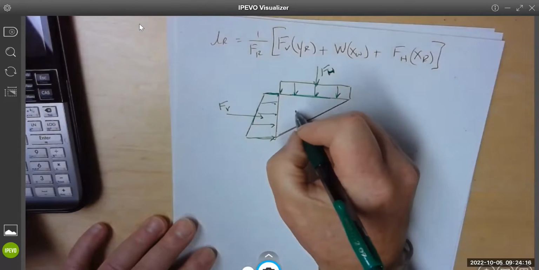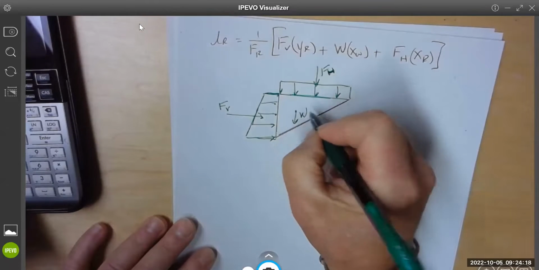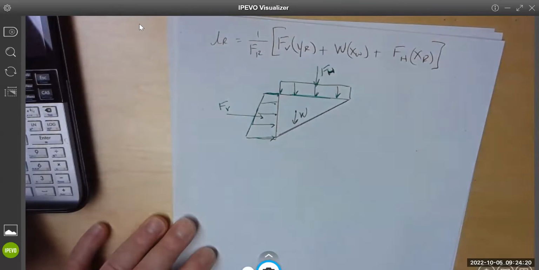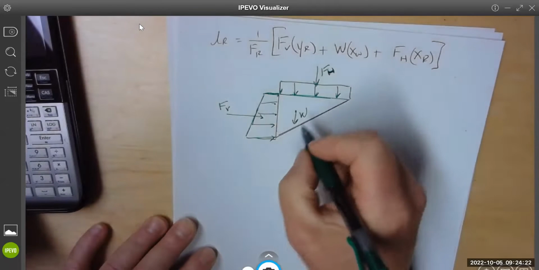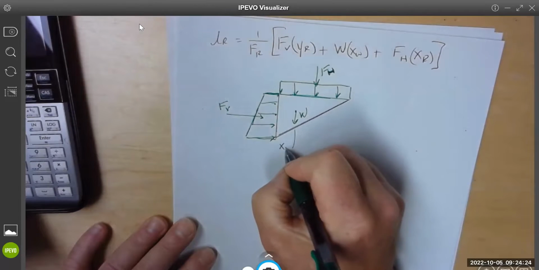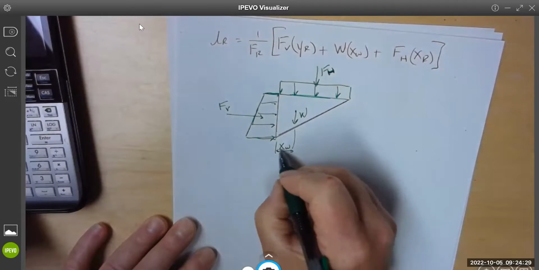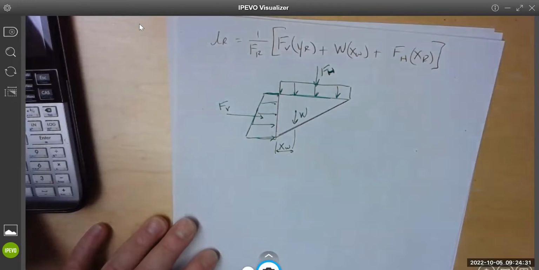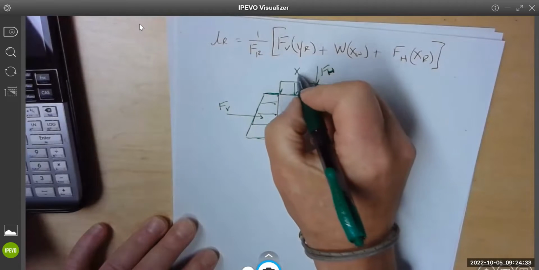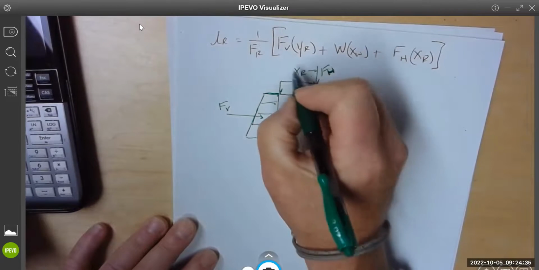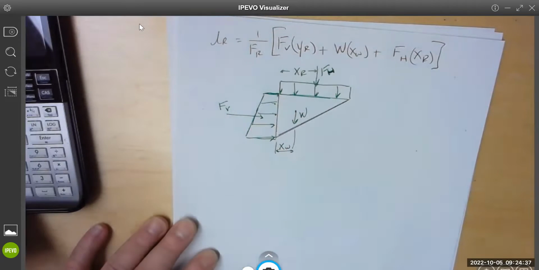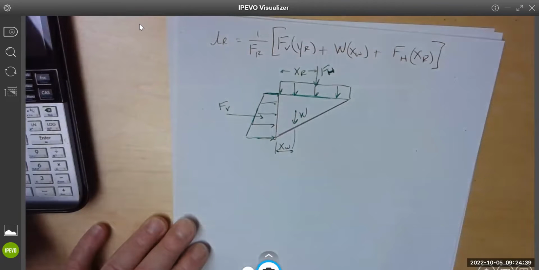So then they have W here. I'll write that W equation in a second, but then this is XW, so that's a distance. This is XR. I don't know why they didn't use XH there, but they didn't.